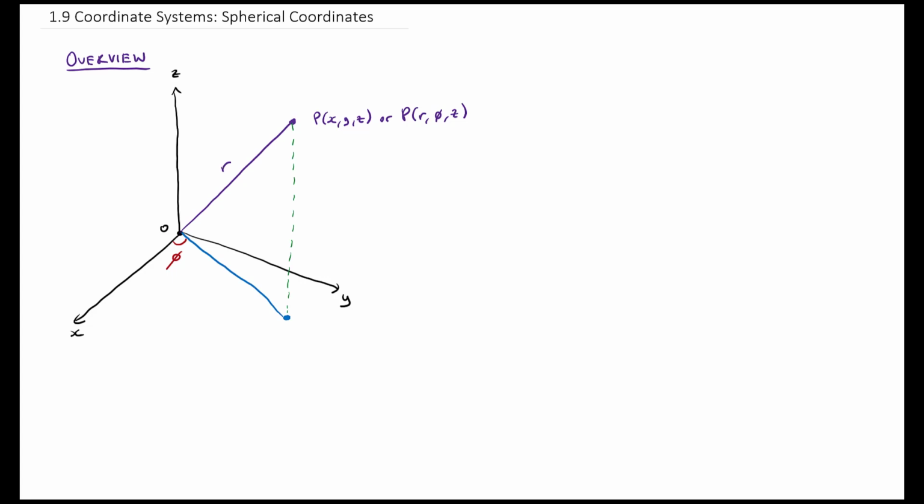So with spherical coordinates, I'm no longer looking at r on the xy plane. I consider r to be the direct distance that point P is away from the origin. And with that, I'm able to come up with another expression for this.